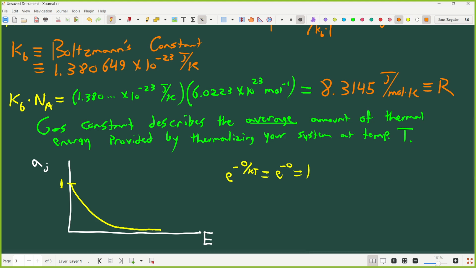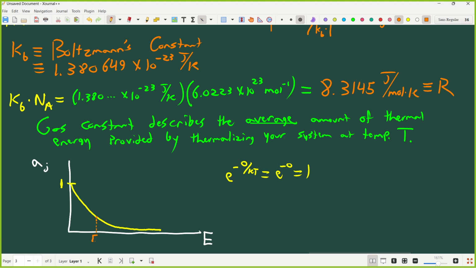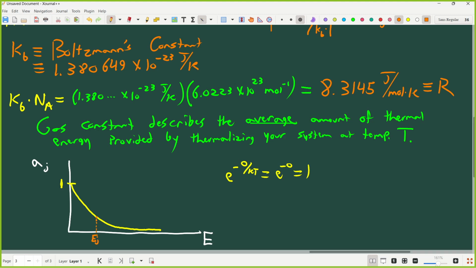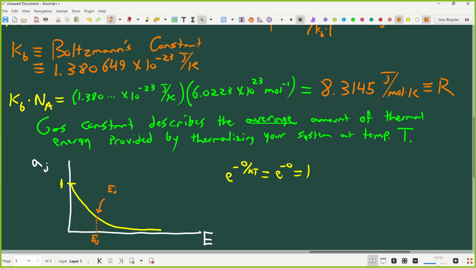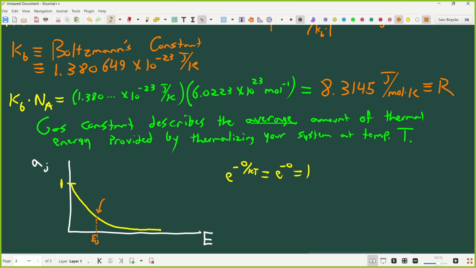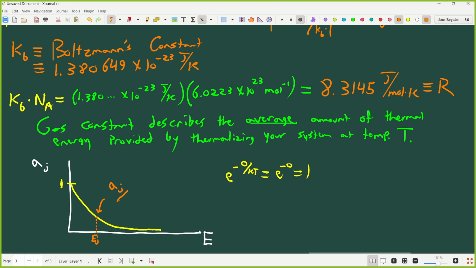If we pick a point here, E sub j, then the value of this is the probability. It's the number of molecules of energy j in a box, divided by the number of molecules of 0 energy.